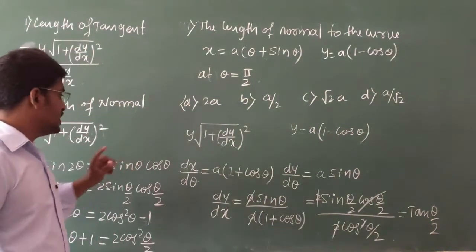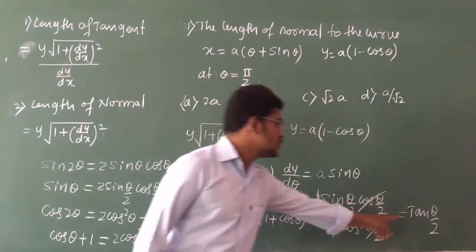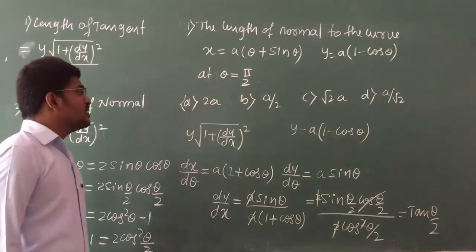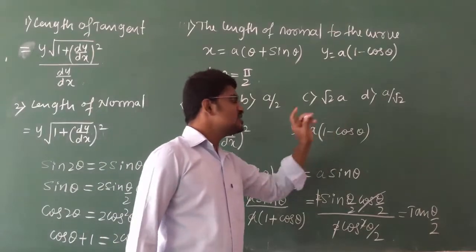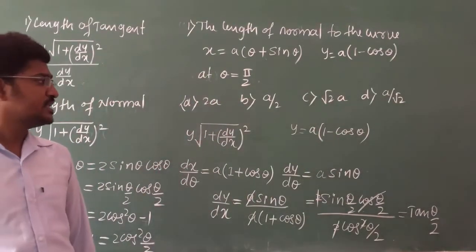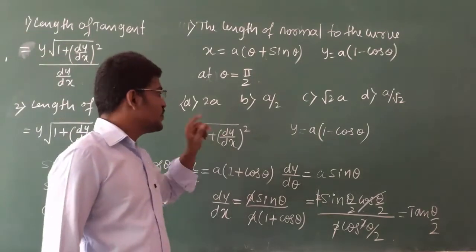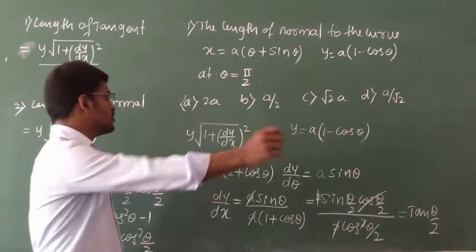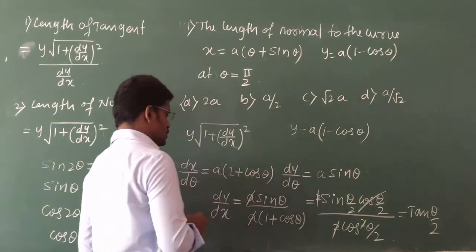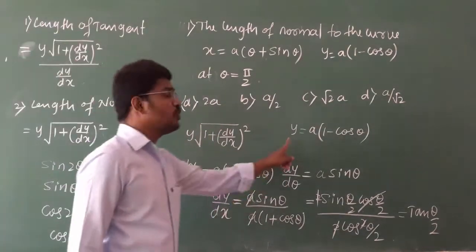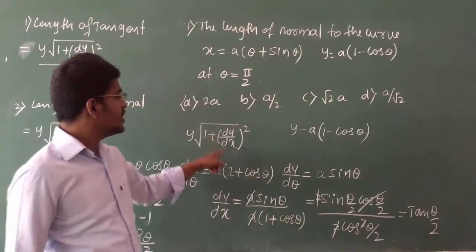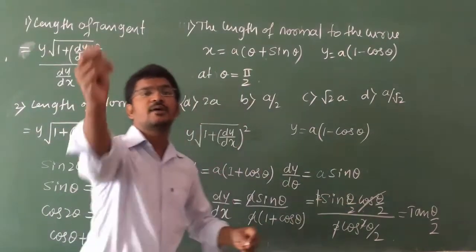So dy by dx equal to tan theta by 2. Clear? Y equal to what? A 1 minus cos theta. Here you have to use y equal to a 1 minus cos theta and 1 plus tan square theta by 2. So y equals a 1 minus cos theta and dy by dx is tan theta by 2.